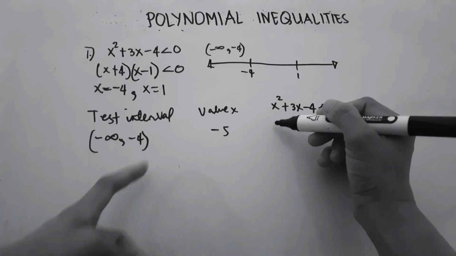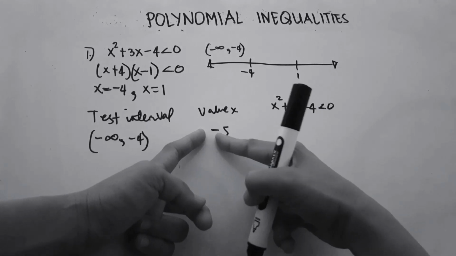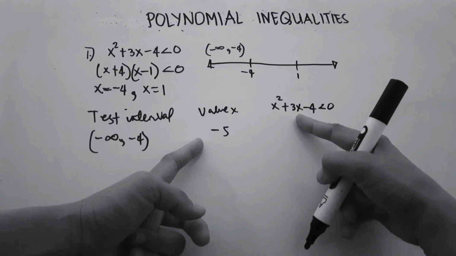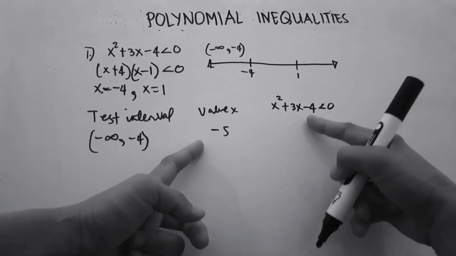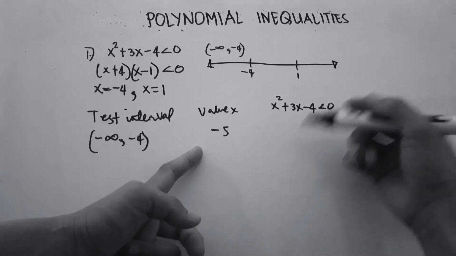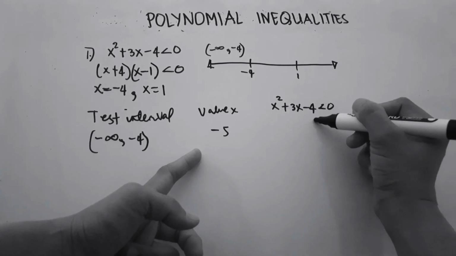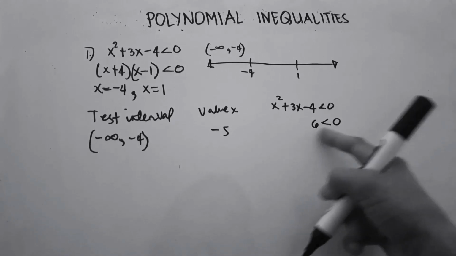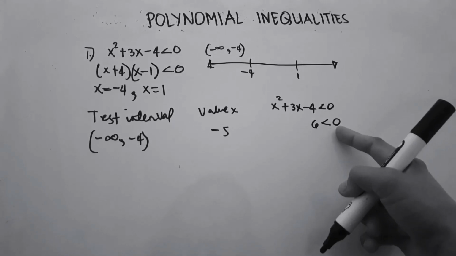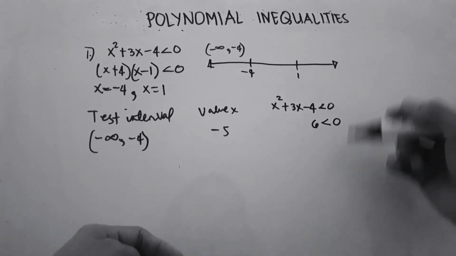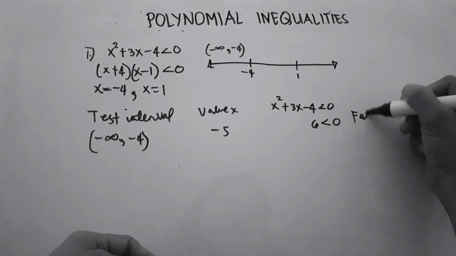Substituting, negative 5 squared is positive 25, plus 3 times negative 5 is negative 15, minus 4, so negative 19, and 25 minus 19 equals positive 6. Since 6 is less than 0 is false, because 6 is greater than 0, this is a false statement.